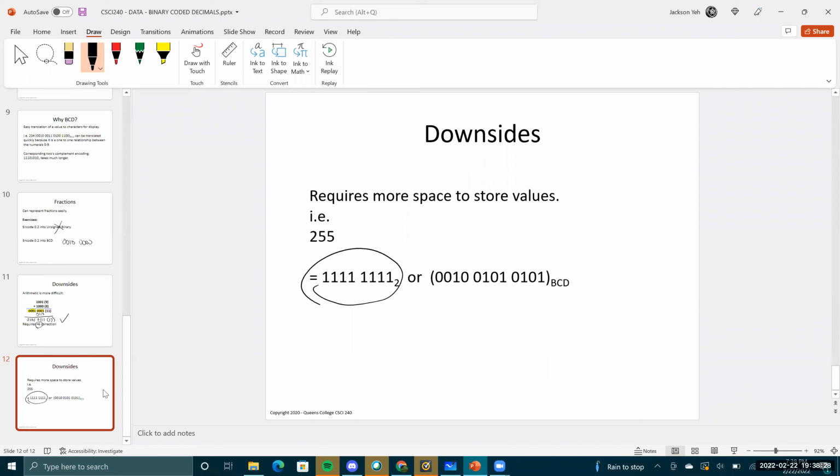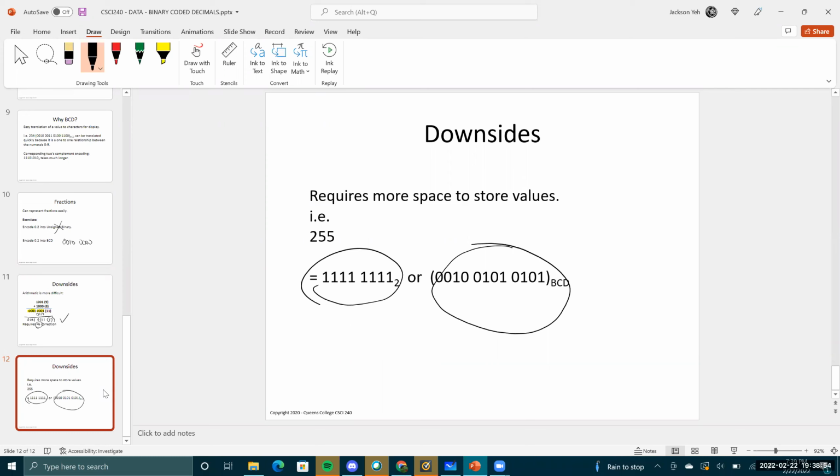Now, if I were to store this in BCD over here, that was 255 in BCD. But the difference is it uses 50% more space to store the same value. So BCD is not a real great storage medium. If you are just using it for storage, there's better ways of doing it.